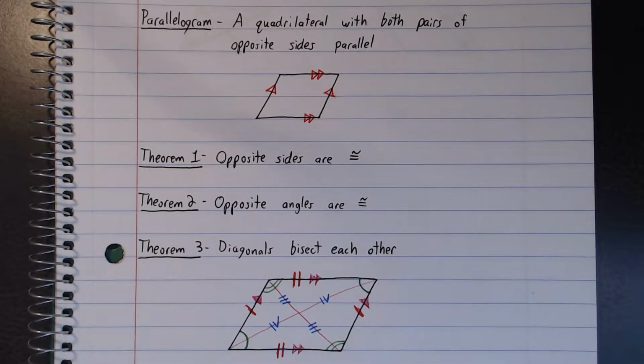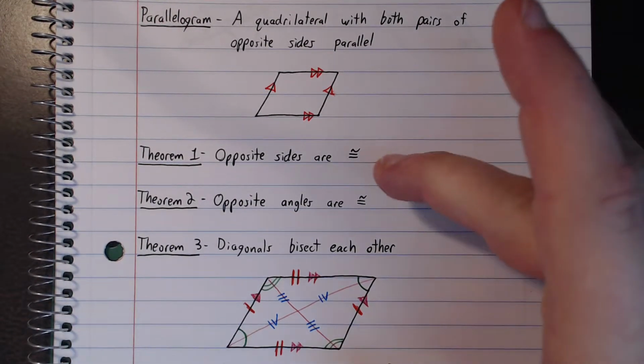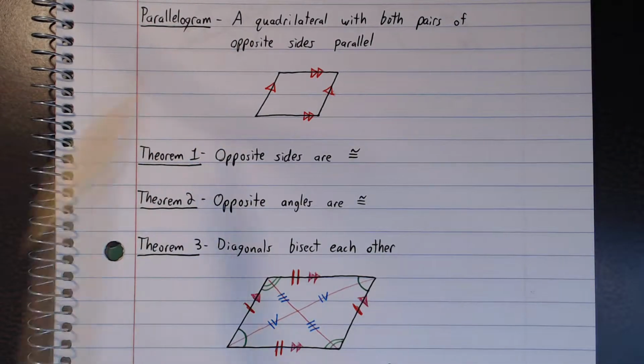Now, I'm going to talk about something real quick with parallelograms that's going to make more sense in the second lesson, but I'm still going to introduce the idea right now. I want everybody to think of a parallelogram as like the granddaddy shape. Anything that's true for a parallelogram is going to be true for any shape that is a type of parallelogram.